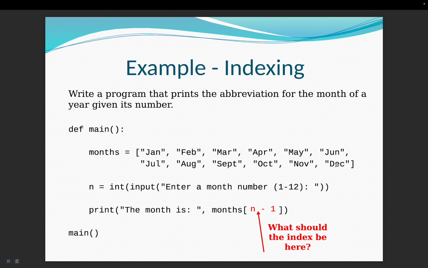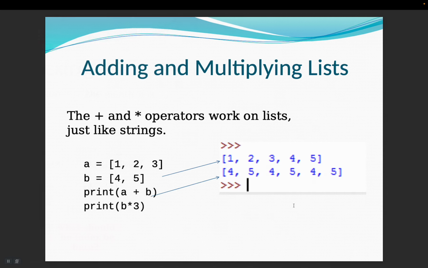So we can represent it as n minus 1, because we're going to be giving a number between 1 and 12. When I want the first month, n is going to be 1, because I'm going to input 1, and then we're going to say 1 minus 1, which will be 0, and the 0th item is January. So that works.